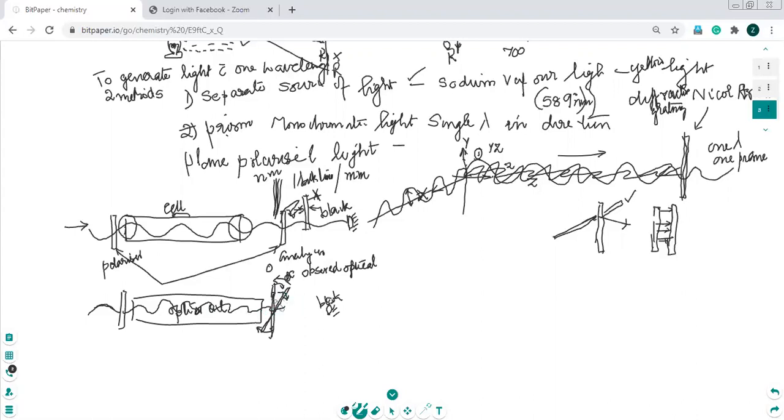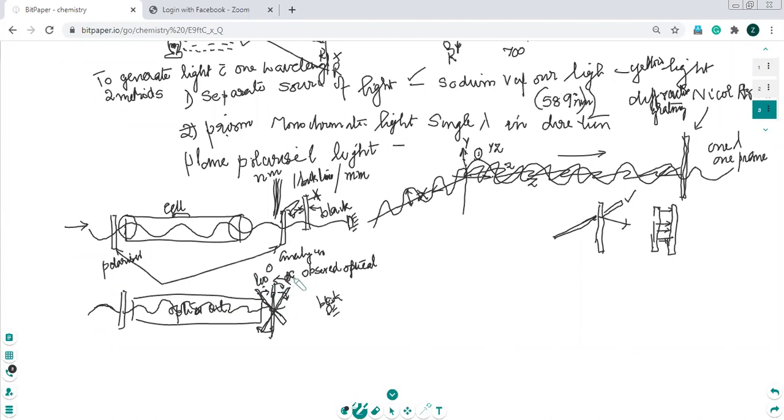Okay. Now there are certain optically active compounds for which you have to rotate the slit in the opposite direction, in the anti-clockwise direction. They are known as levorotatory.